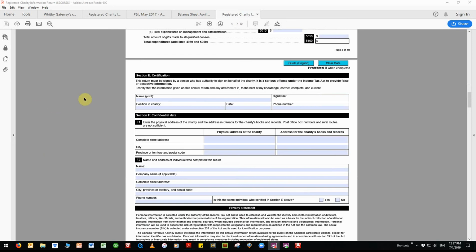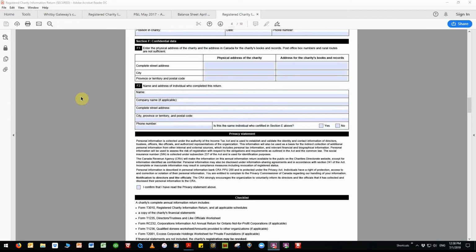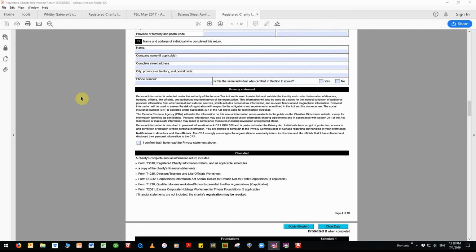Page 5 is basically the certification and confidential data, such as the address of your church and who's filled out this form, and you're confirming that you've read the privacy statement.